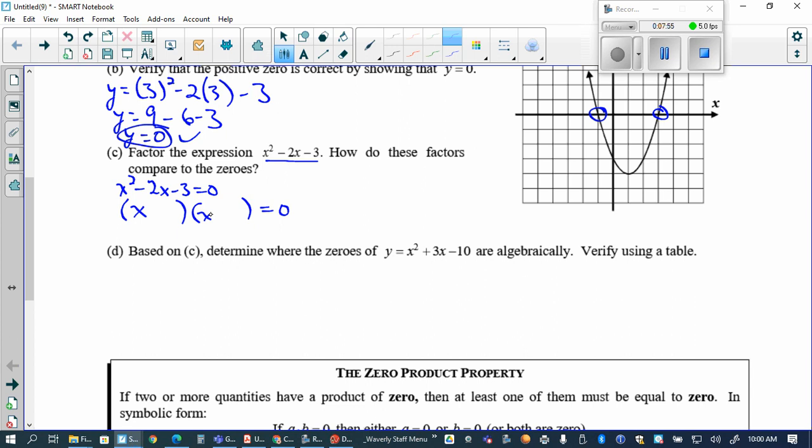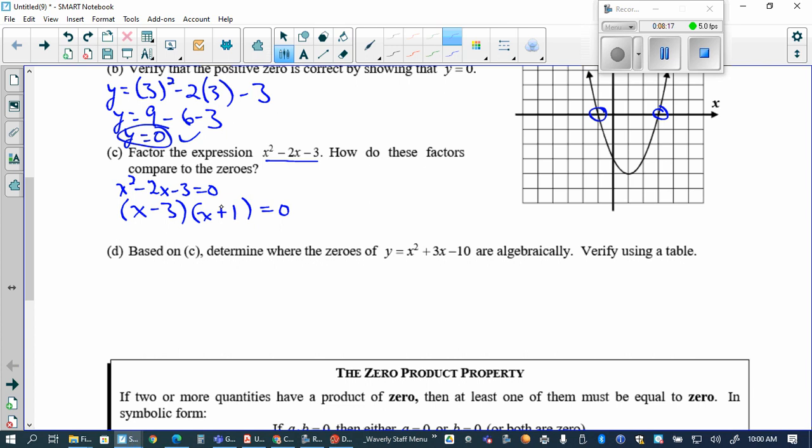What numbers multiply to -3 and add to -2? So -3, -1. Let's make sure. No. Oh, and 1, right? You said 1? Okay. What's -3 times 1? -3. What's -3 plus 1? So that works.